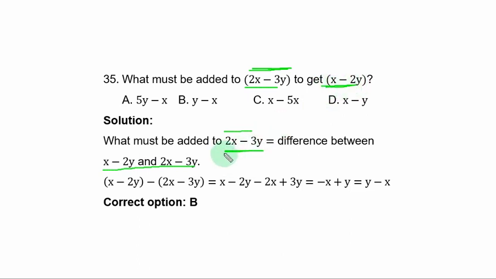You have to transfer this term to go and meet this. It becomes minus. If you open the bracket with this minus here, you have s minus 2y minus 2s plus 3y. Minus times minus is plus. That simplifies to minus s plus y, which is also written as y minus s. B is the correct option.